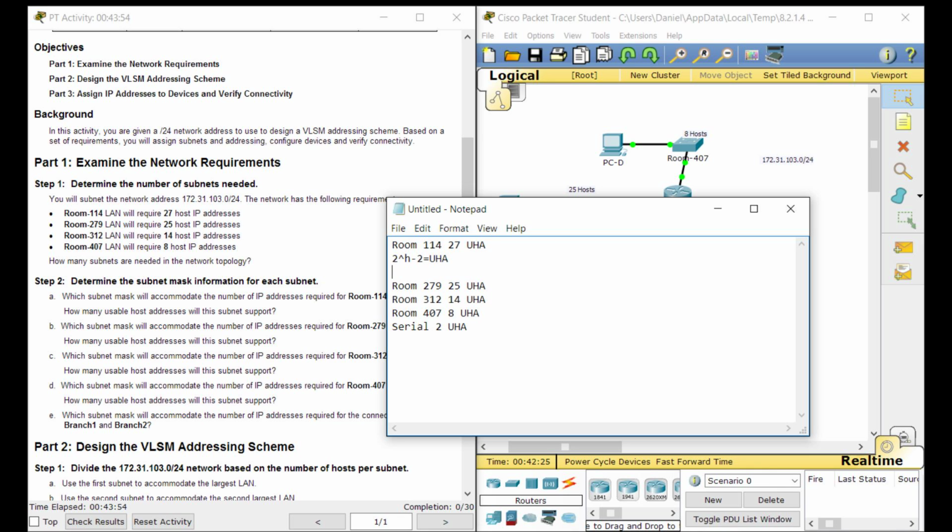So what number will we have to plug in order to get just above 27? Remember, we can't use, for instance, 2 to the power of 4 minus 2, because that would only be 14, and 14 is below 27. However, if we did 5, then that would be 32 minus 2, which is 30, and that would fulfill our requirements for room 114.